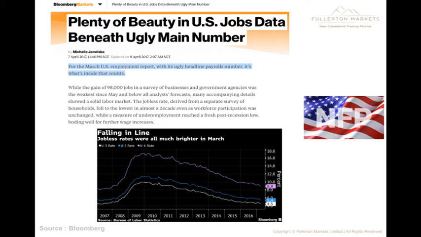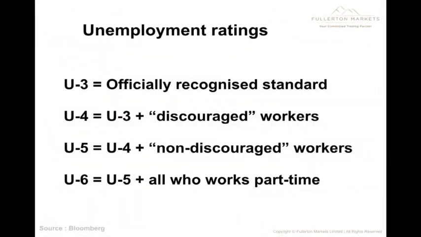Of course, like I said, let's look at what U3, U5, U6 are, a bit of general knowledge. Basically, in simple terms, these are the ways that the unemployment rate is calculated. The U3 is the officially recognized standard.